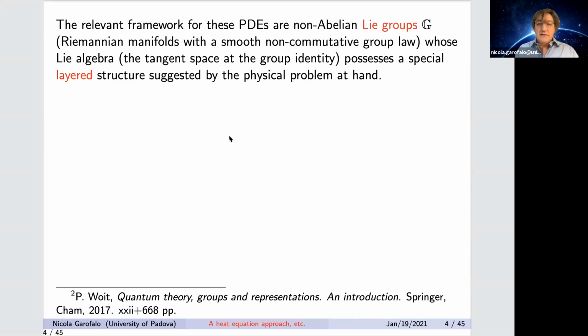And the Lie algebra of these Lie groups has a special structure, a layered structure, which is suggested by the physical problem at hand. For instance, if you look at the physics of polymers, there is a very well codified way of deciding what is the structure of the Lie algebra.